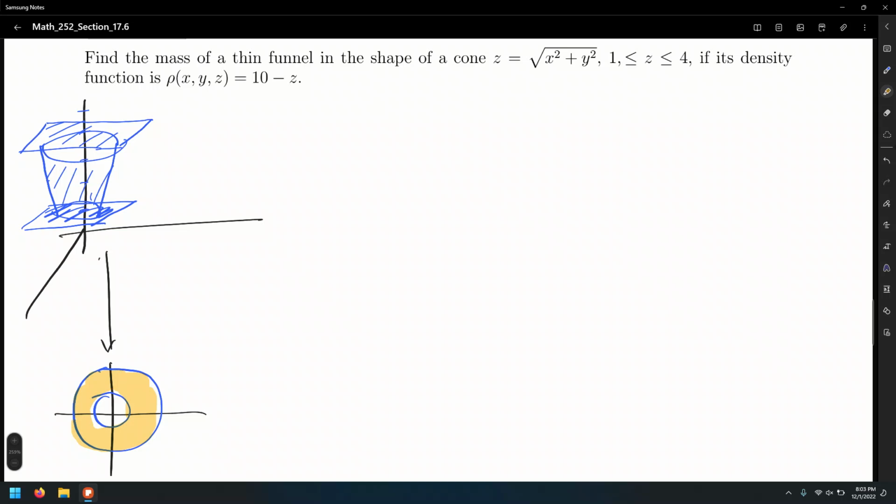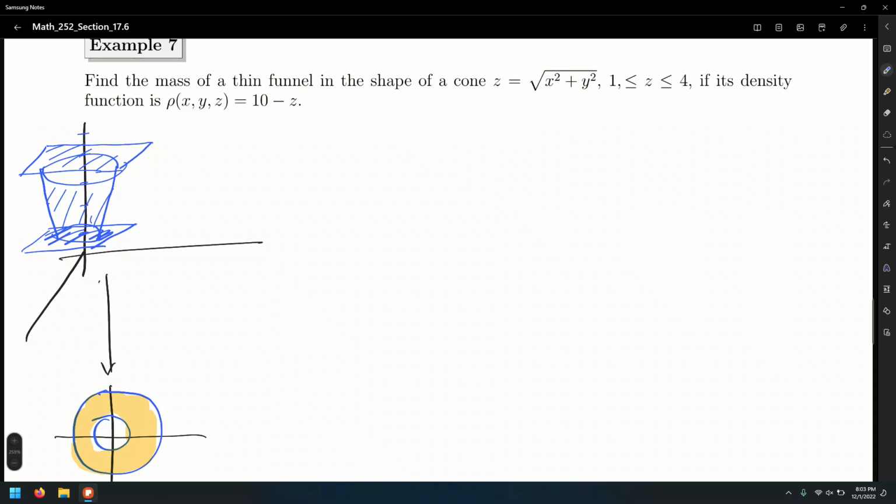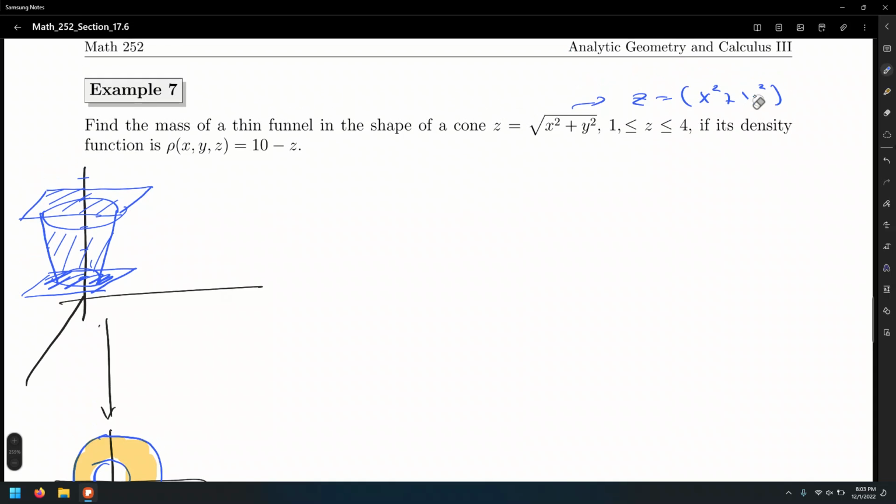All right. So what do we have in this case? Number one, let's take the partial derivatives, and oh my God, that's going to involve some chain rule. That's the same as z equals x squared plus y squared to the 1/2.